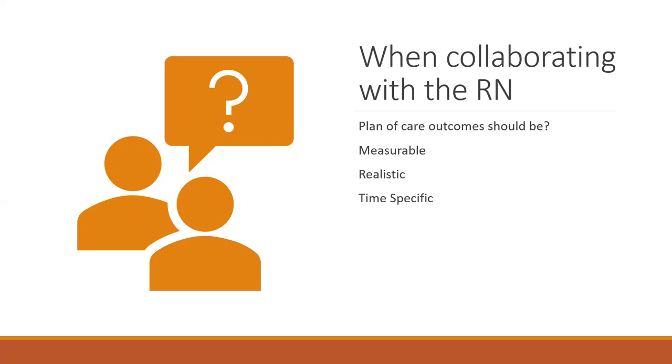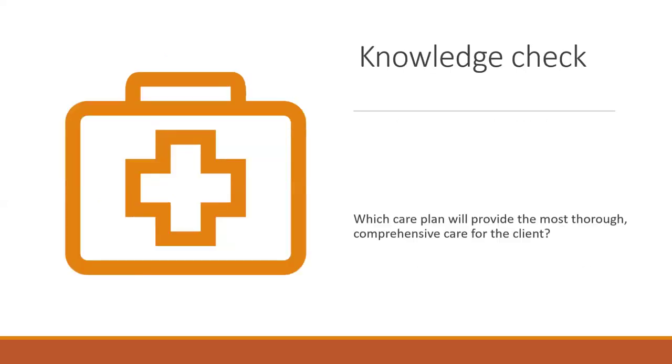That glucose being within range, their diet, the number of calories they consume within that recommended 1,800 calories, and are we checking their glucose every 4 hours? So when you're trying to determine the better outcome, look and see if we have something that's measurable, realistic, and has a time frame on there as well.